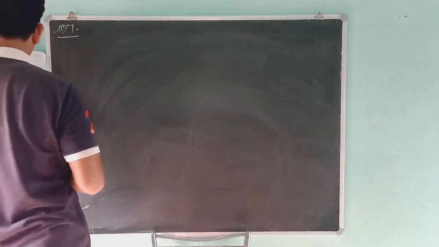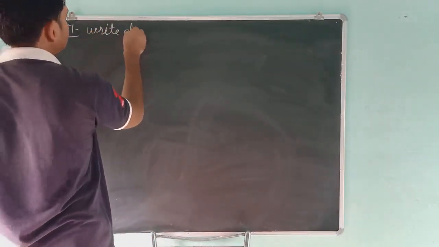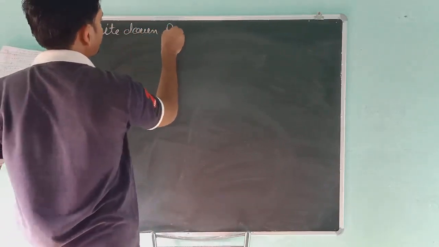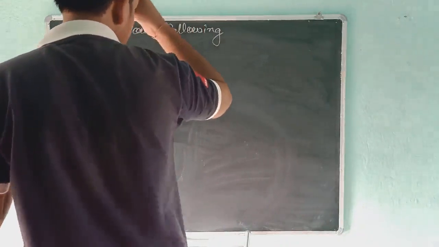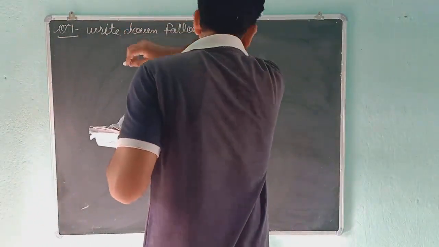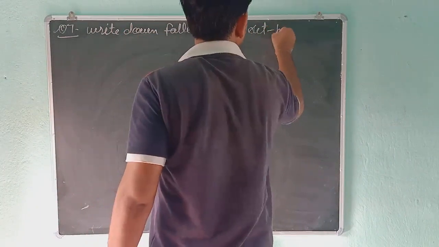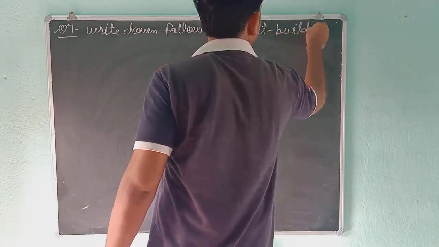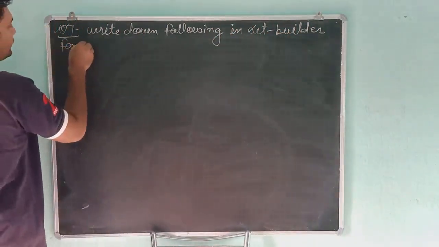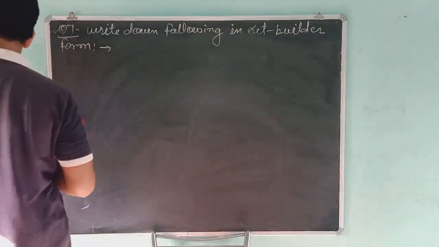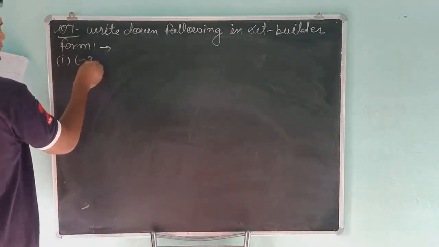Write down the following in set builder form. First is (-3, 0).